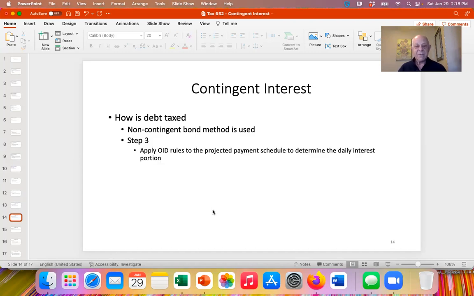We're going to apply the OID rules with respect to the projected payment schedule to determine the daily interest portion, and the investor is going to accrue that income as though it were an OID instrument. And then finally, we're going to true it up. What were the payments, and let's compare them to what the projected payment was going to be. Whatever the difference is, we'll fix everything up at that point. So let me go to the whiteboard, and let's go through those steps.